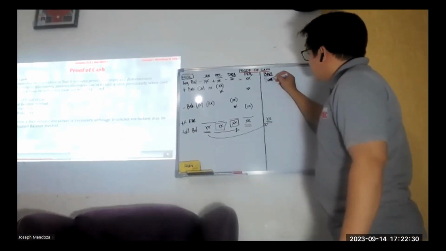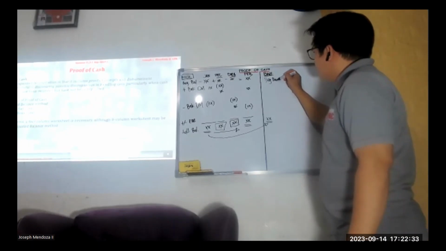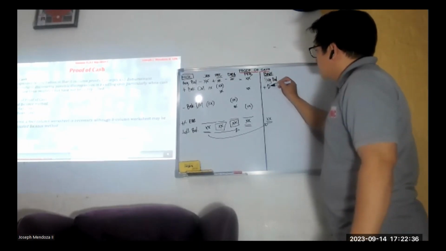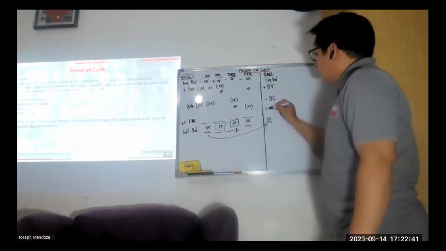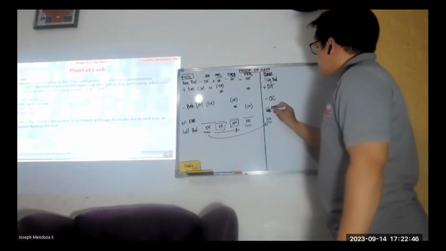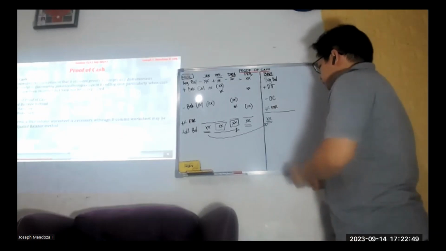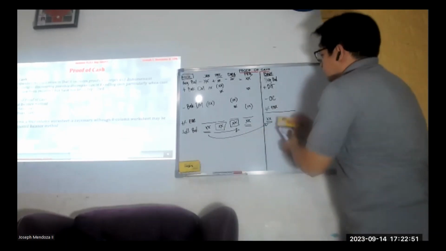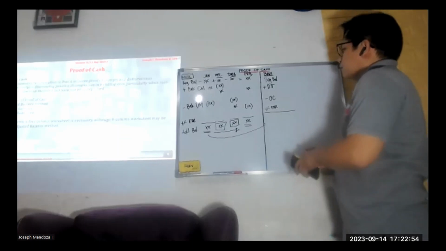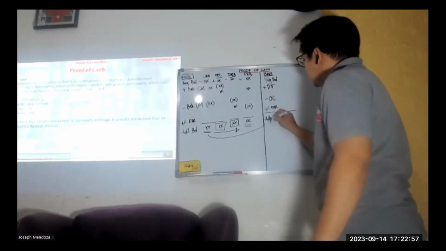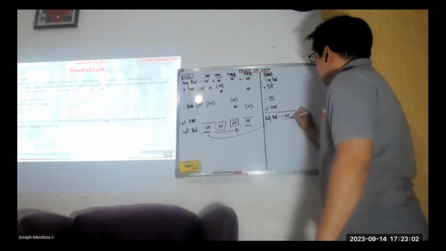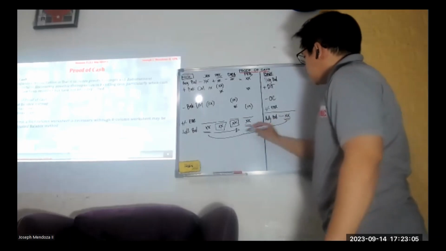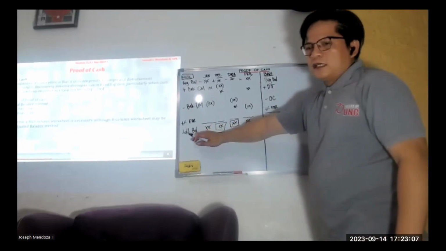Okay, sa bank, you have the beginning plus deposit in transit minus outstanding check, then plus minus if ever merong errors in order for you to get the adjusted balance, which is this one, and which is supposed to be the same as that adjusted balance ng book.